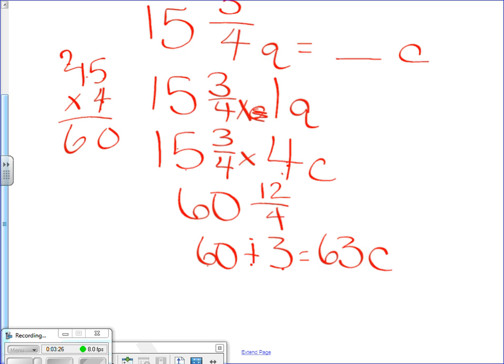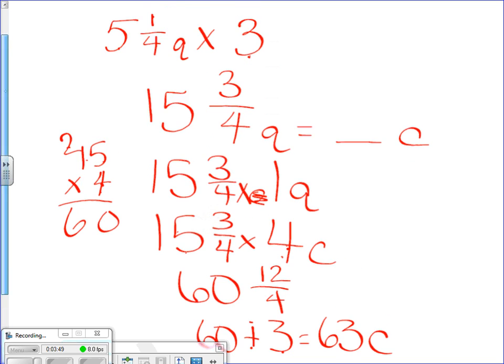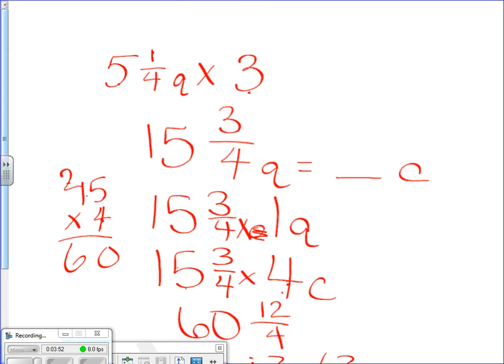So either way, you're still having to multiply it by 3. So I could do this, having to do the cups, and then multiply it by 3.